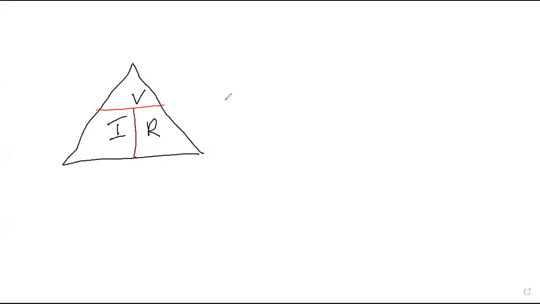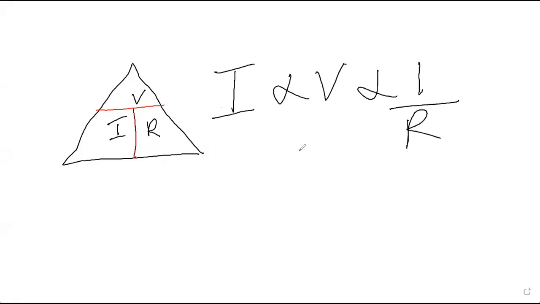So in a nutshell, Ohm's law was centered on tying these 3 parameters together, the voltage, the current, and the resistance. And according to his law, he said the current is directly proportional to the voltage and inversely proportional to the resistance.